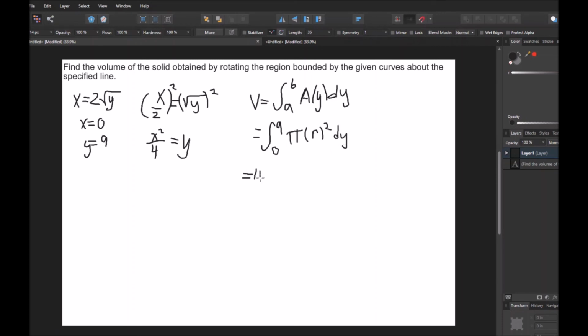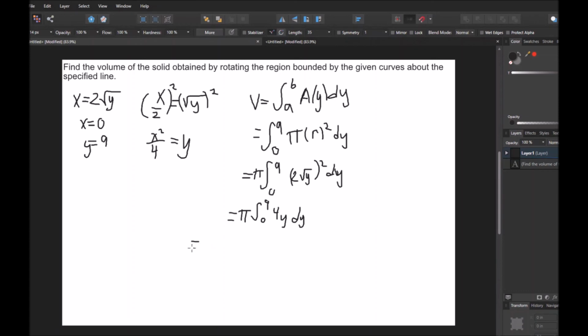Now I'm going to move the pi out here, and it's going to be the integral from 0 to 9 of the function 2 square root of y, squared, dy. So that's going to be pi times the integral from 0 to 9 of 4y dy.